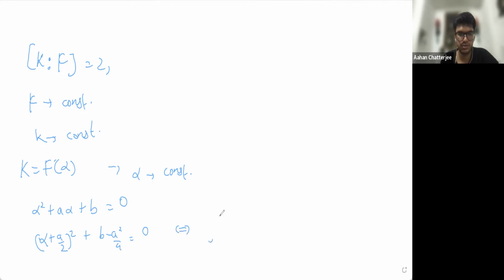So essentially, you just need to show that the square root of a squared upon 4 minus b is constructible.